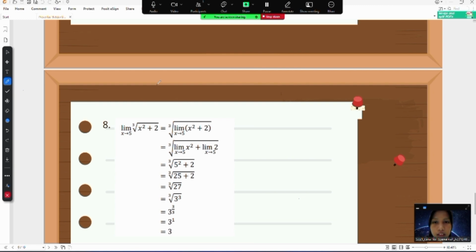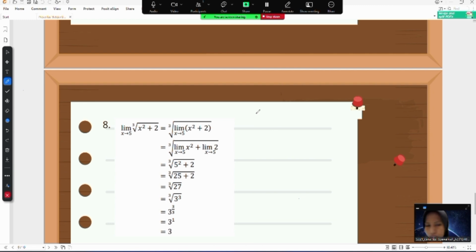But for this one, what if we can't just substitute the value of x? Then we have to factorize the function first, and after that we can substitute what x approaches. So here's the example.